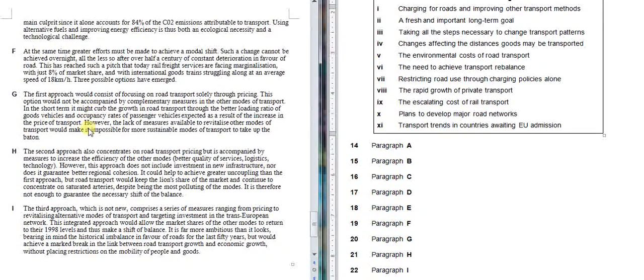Very challenging. Now, continue. At the same time, okay, also, we need a modal shift. Modal shift? What the heck is that? Huh. A modal shift. Shift in modes.